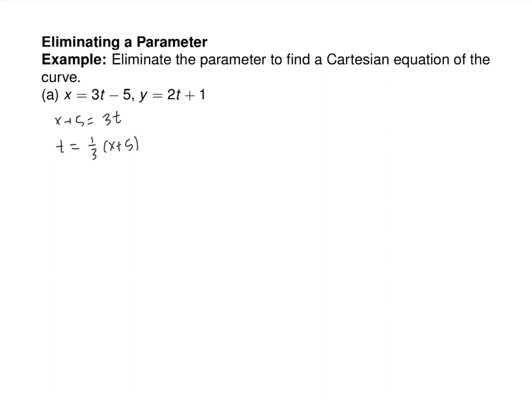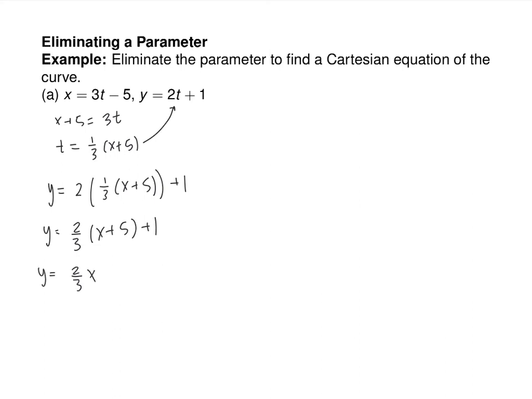And that can get input for y. Y is input for t in y's equation. So y is 2 times 1/3 times x plus 5, plus 1, or 2/3 times x plus 5, plus 1, which is 2/3 x plus 10/3 plus 1, or getting the common denominator, 2/3 x plus 13/3.